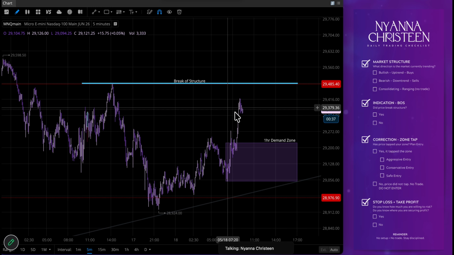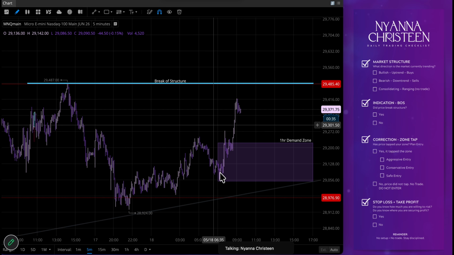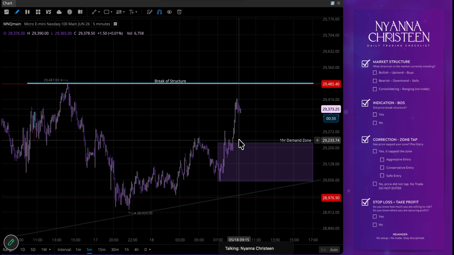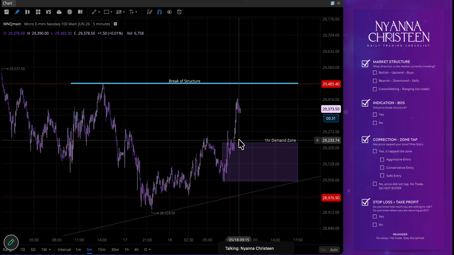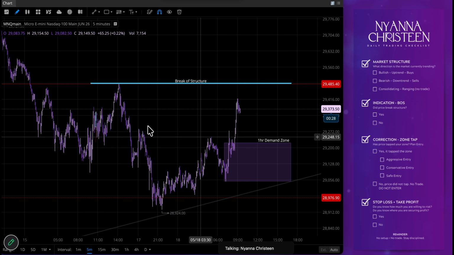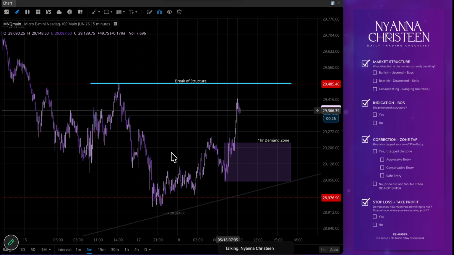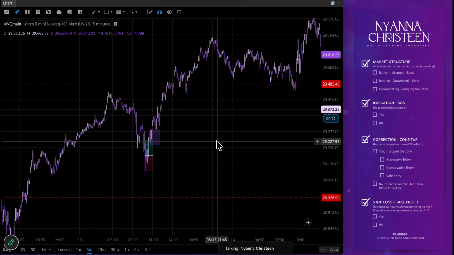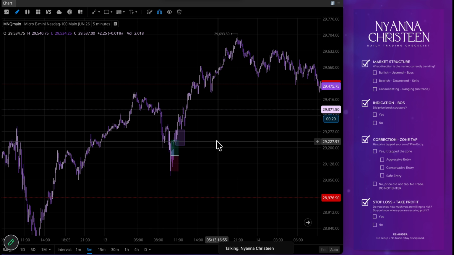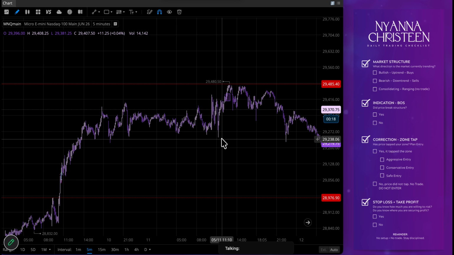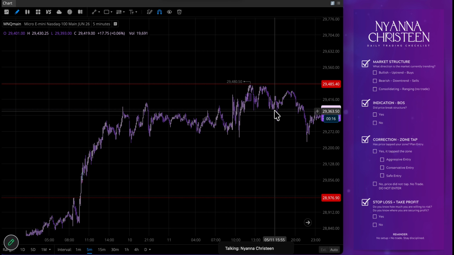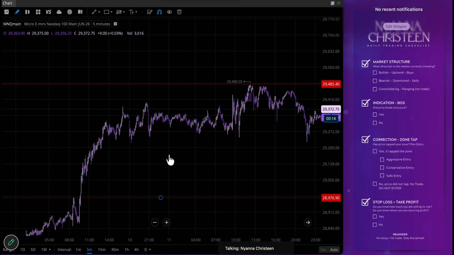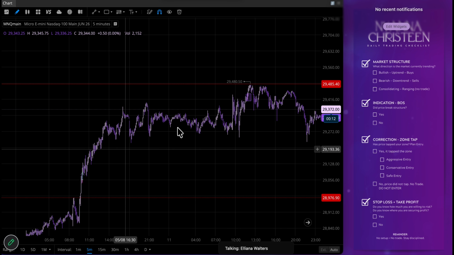Again, can this be a setup? Absolutely, most likely it is, but in order to not get caught in consolidation or whatever could potentially happen in this area, I would rather wait. As you can see, a lot of stuff happens between these two red levels. Price consolidates a lot in this area.